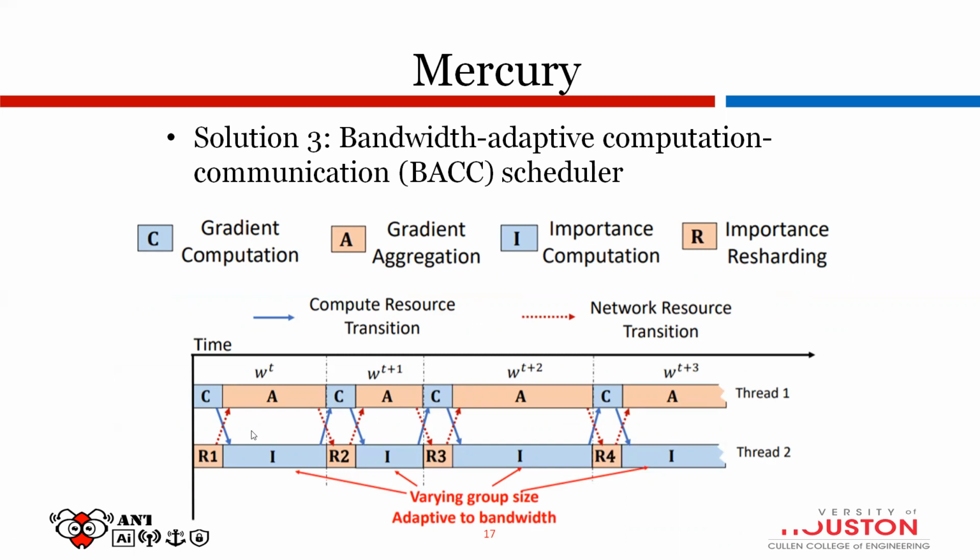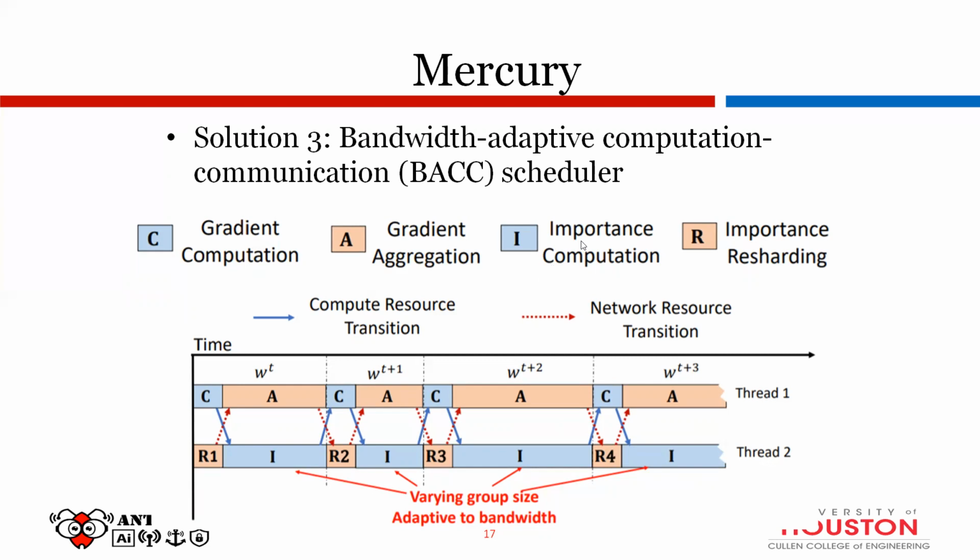So the computation, the gradient computation and importance computation, are what make up the computation process, and the gradient aggregation and importance resharding are the network resource transition.